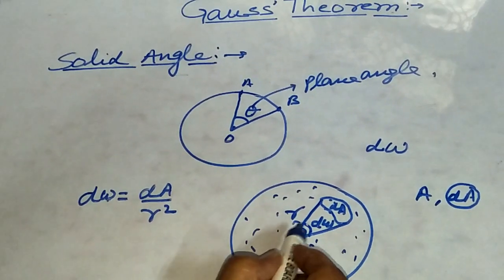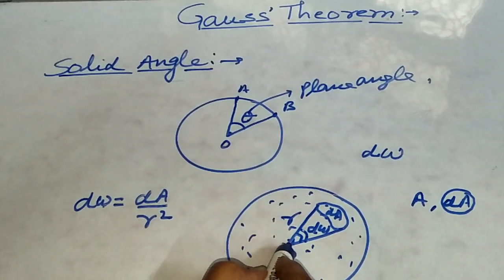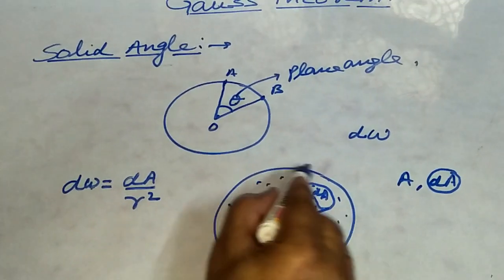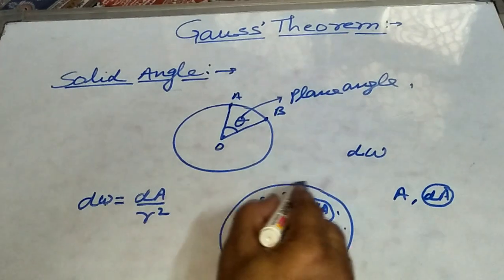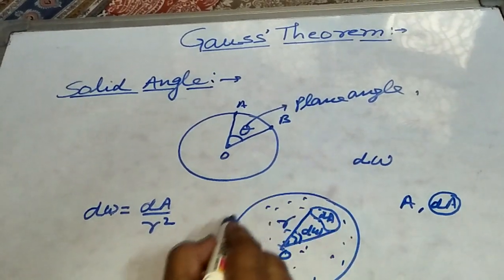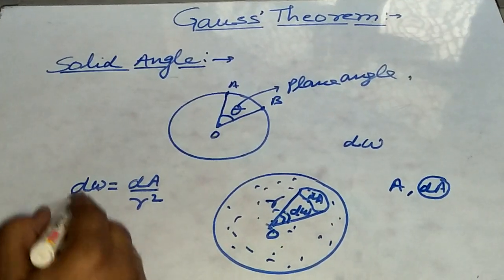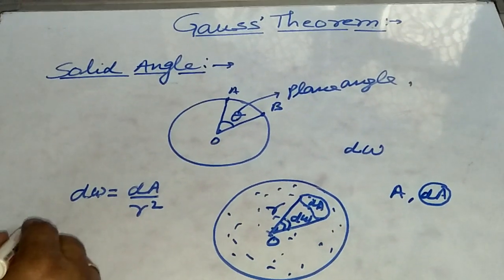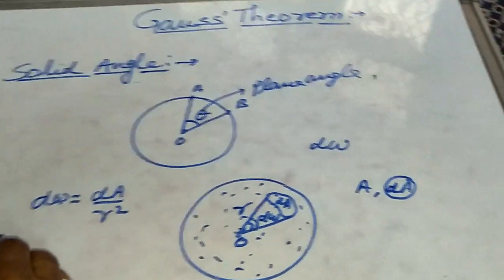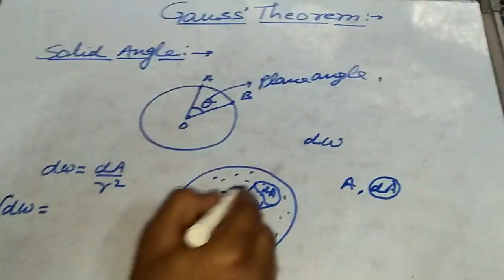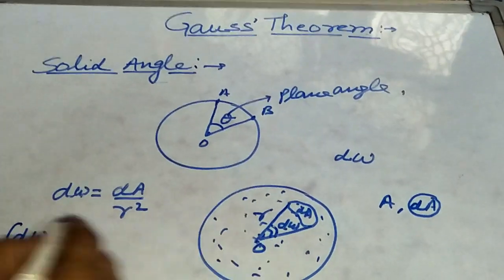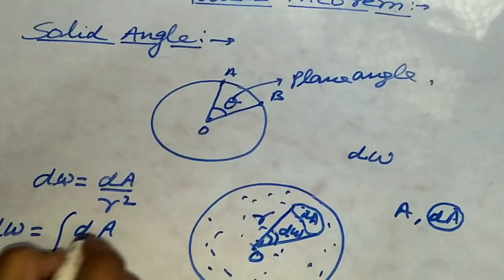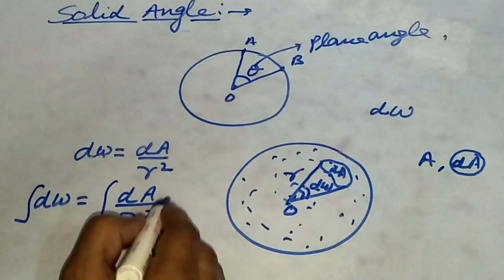Now a question arises here: how can you find the solid angle due to the entire sphere or entire surface? For finding the solid angle due to the entire sphere, you will integrate this. Integrate means sum up. So you will integrate d omega is equal to dA upon r square.